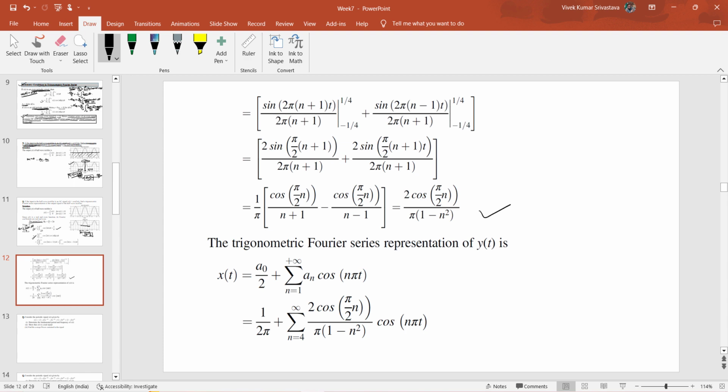Once you evaluate a naught and a n, you can put their values here so as to represent the signal in terms of trigonometric Fourier series representation. You just have to put the value of a naught and a n here, and you can easily get the trigonometric Fourier series representation.